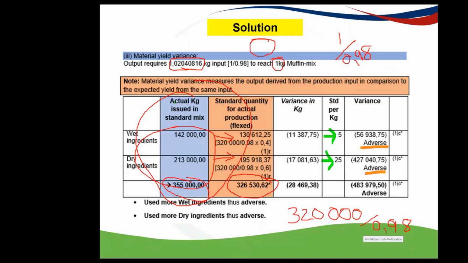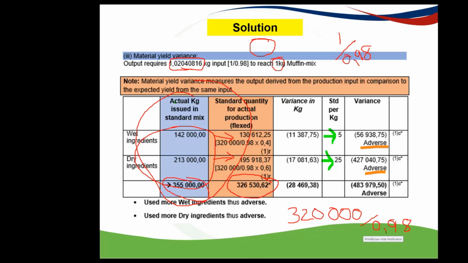I think I was fortunate that at some point after reading this so many times, I actually understood what the yield variance is all about, even though I still could not calculate it straight. But this is what I understood of it, and this is the strategy that I came up with to make sense of it. Basically, I ask myself, what is the quantity of ingredients that was issued?